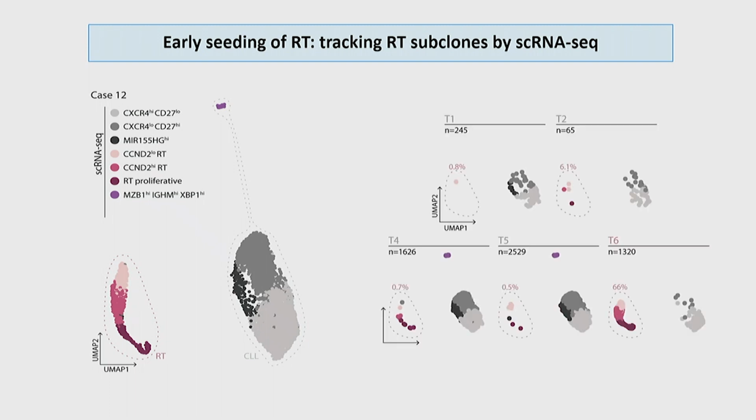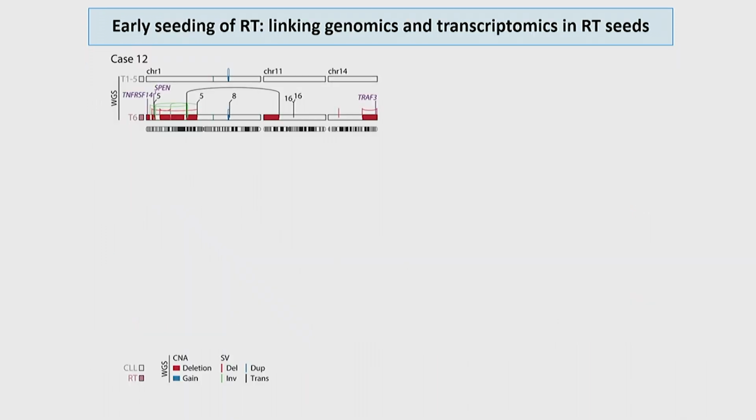So when we went back in the separate samples, you see that the transcriptome of the Richter was detected with very few cells, also at the moment of diagnosis and at different time points. So these cells with this transcriptome were detectable at different proportions at different time points.